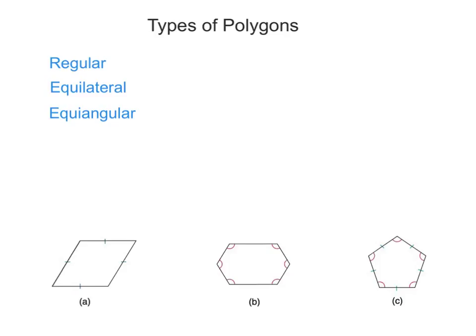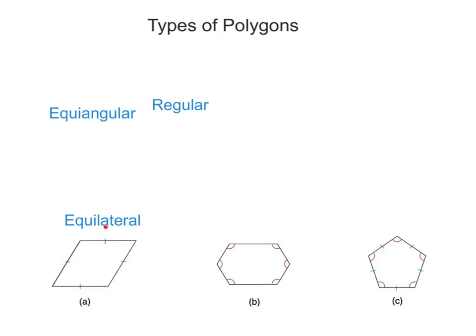So we have some types of polygons here, with some names. We have regular, equilateral, and equiangular. Equilateral means that all sides are the same. So all 4 of my sides here of this shape are exactly the same length.